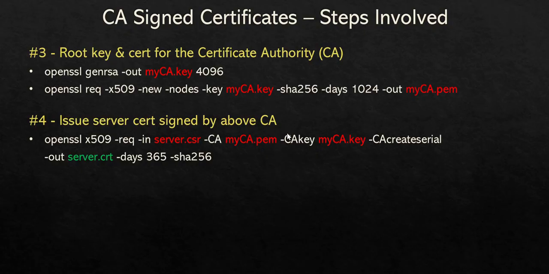Now here comes the difference, right? In the second command, which is not on the screen right now, but we discussed it in the previous slides, if you remember, we created a server.csr file. Now we are using the same file here. So openssl x509 -req -in, what is the input? The server.csr file.